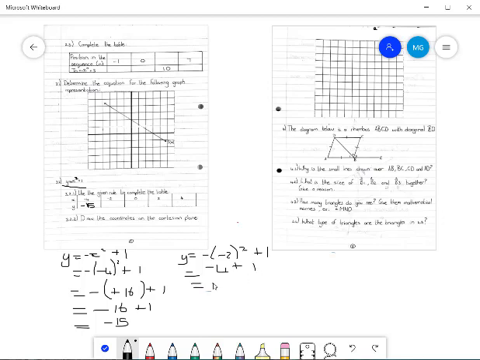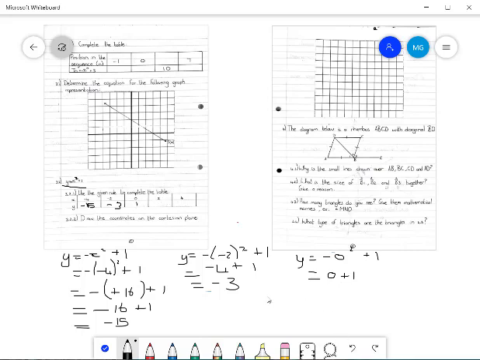That is negative 3. So that one's going to be negative 3. If x was 0, negative 0 stays as 0, and to the power of 2 that stays 0. 0 times 0 is 0, plus 1, so that would just leave me with 1.